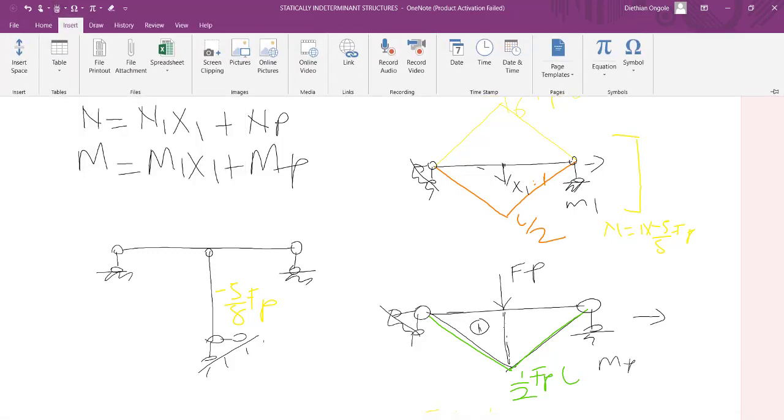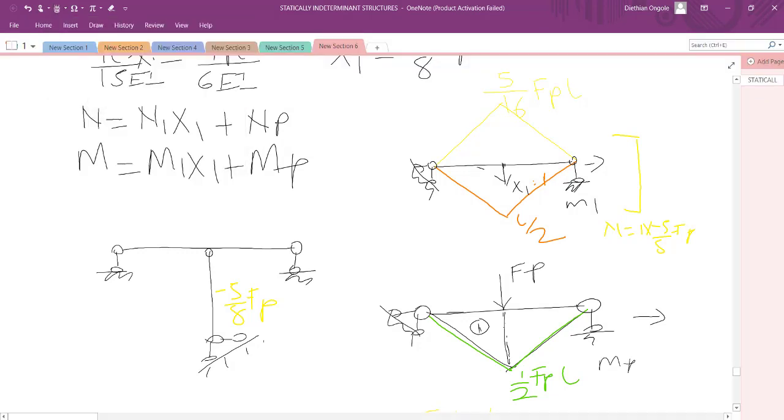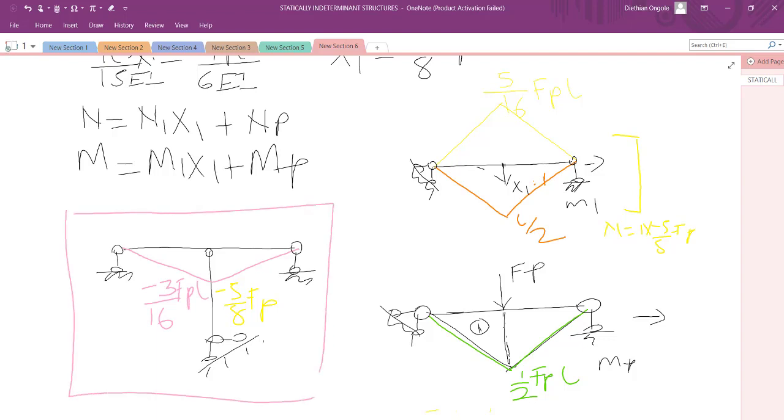Let me use a different color. So we draw it somewhere here, like that. This is negative 3 over 16 FPL for the moment. This one here becomes our final internal force diagram. So that is how we deal with the composite structures. Thank you.